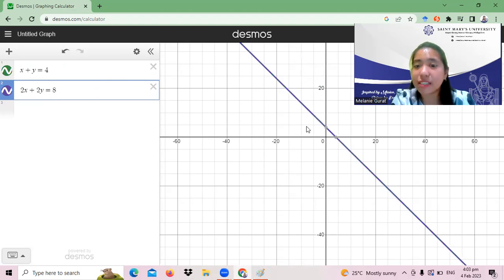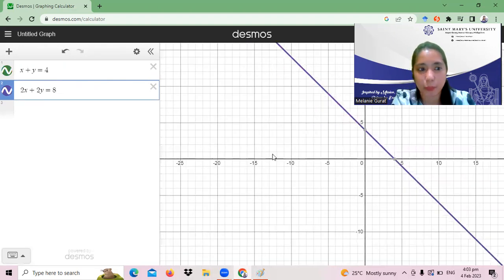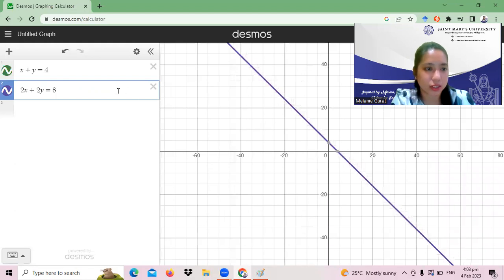So the two lines overlap. If I remove this, you can see here that the green represents x plus y is equal to 4. And when I place 2x plus 2y, it turns into purple. So the purple here indicates that that's the equation.